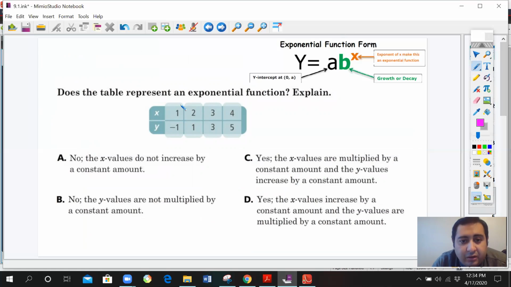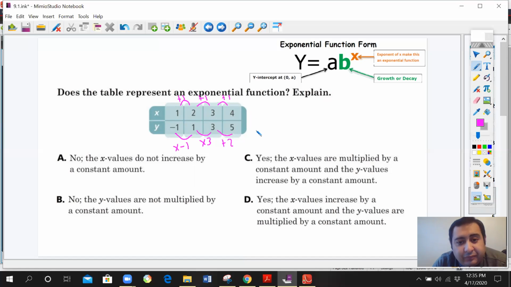So far, from here to here, it's increasing by 1. So it's plus 1, plus 1, plus 1. So far, so good. But from here to here, it's being multiplied by -1. And from here to here is multiplied by 3. From here to here, it's added by 2.